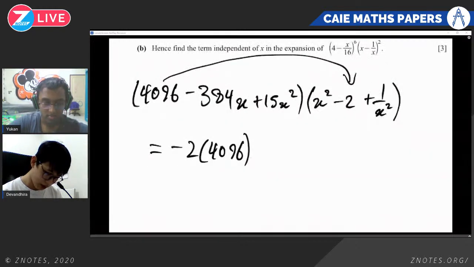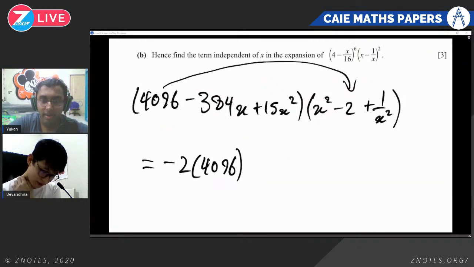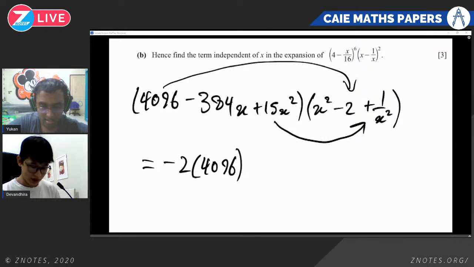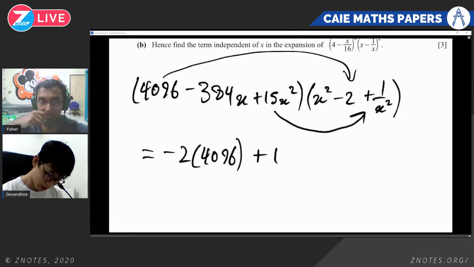Is there anything else, Yugan? You can multiply 15x squared by 1 over x squared. The x squareds will cancel, and then you'll get what you want. Exactly. So we have 15x squared multiplied by 1 over x squared. They divide each other. So we just have to put plus 15.